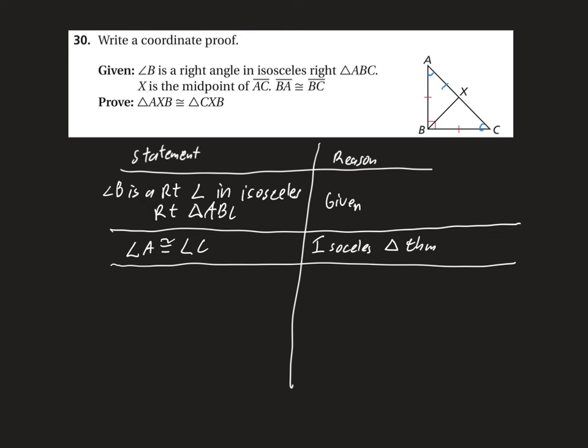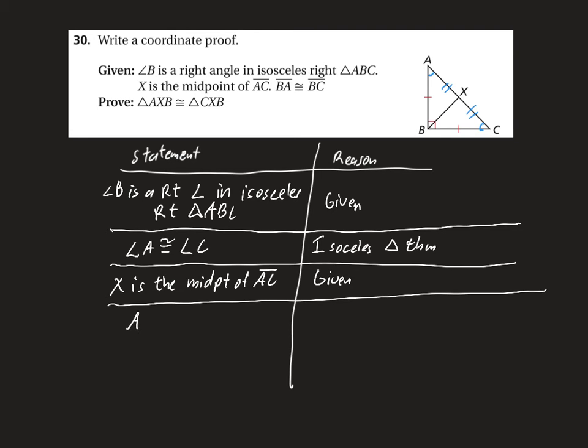All right, now I want to show that these two line segments here are congruent to each other. And so I'm going to use the idea that X is the midpoint of AC. So now I can say that AX, that line segment, is congruent to CX.